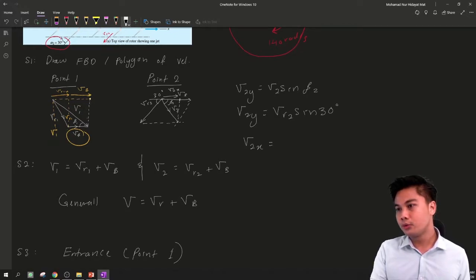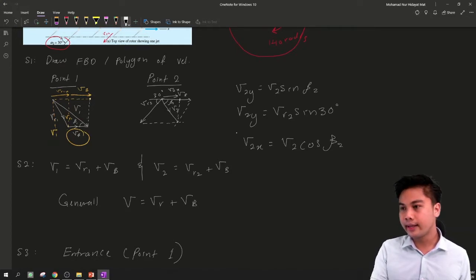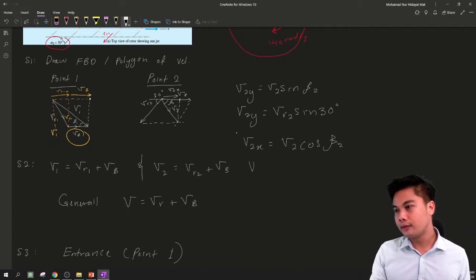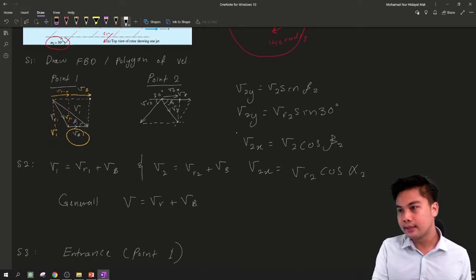So V2x is actually equal to V2 cos beta 2. In other words, we can say that V2x, if we use VR2 cos, where the angle here is alpha 2, we will get this point.